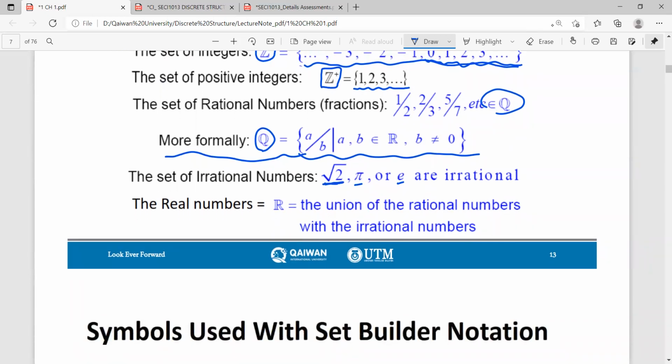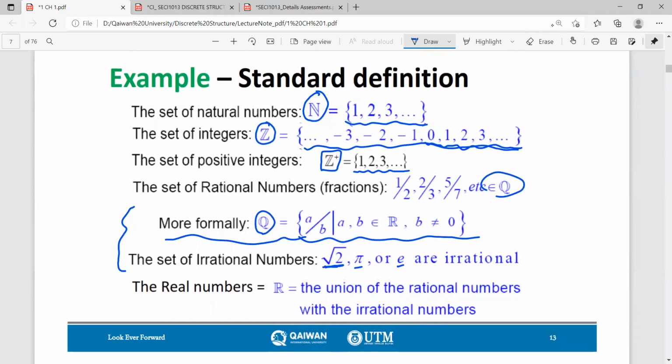And the set of real numbers is the union of these two sets. It's all the numbers. All of these sets of numbers together are called the real numbers. So the real numbers are the union of rational numbers and irrational numbers.